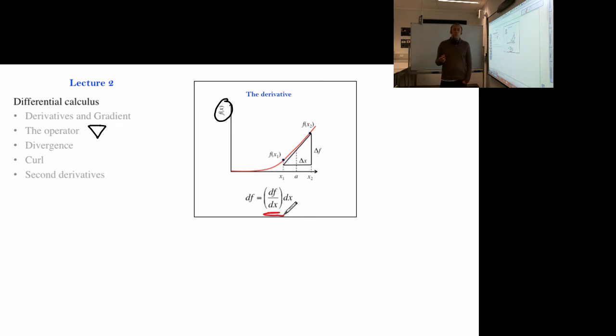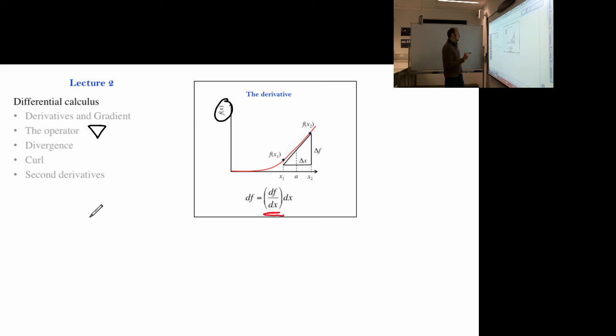Now, suppose there is more than one variable in a function. What we want to do now is to examine how that function varies with respect to just one of those variables, while we keep all the other variables constant. This is what we have: partial derivatives.